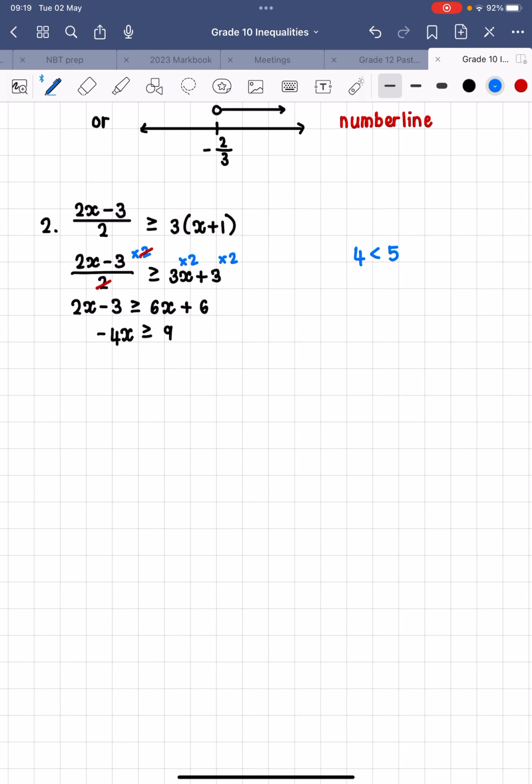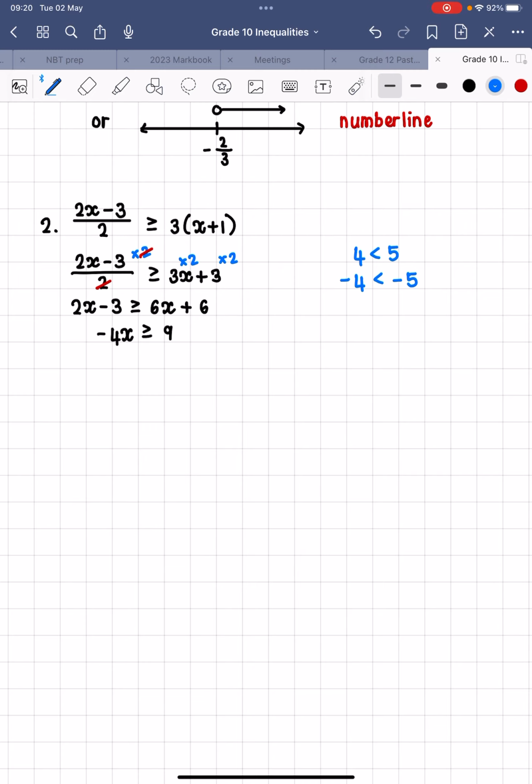Now guys, if I multiply through now by a negative 1, which is what you would have to do here, you would have to divide by negative 1. So if I now multiply or divide by negative 1, I'm going to end up with a negative 4 on this side and a negative 5 on that side. But guys, don't write this down yet, is this still true? Is negative 4 still a smaller number than negative 5?